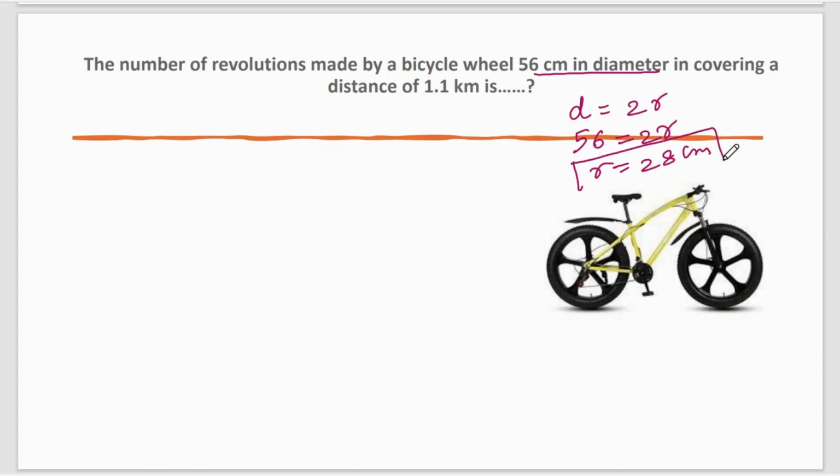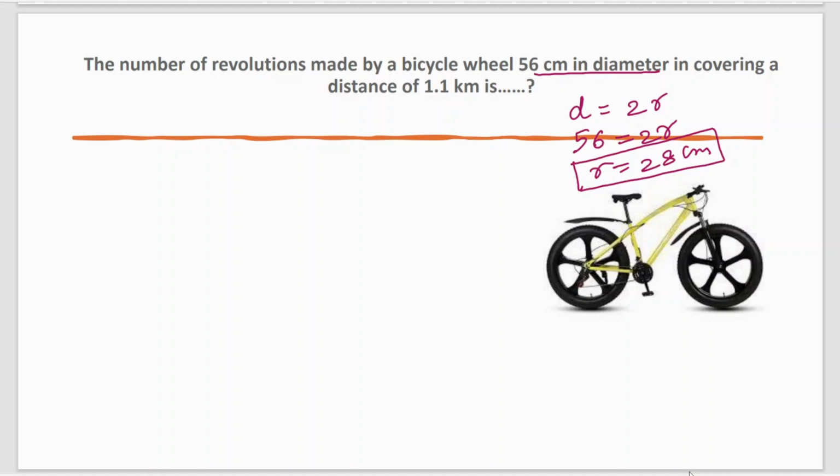See, the value of r is the most essential point, and you should calculate it to find anything in any question or concept related to the wheel. Now we have to find the number of revolutions.